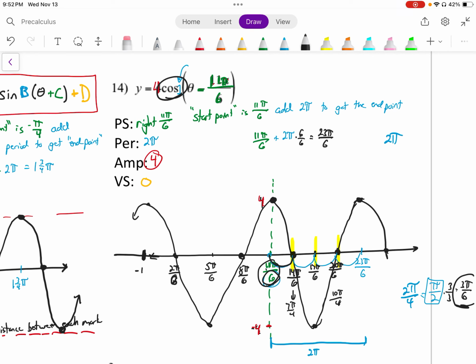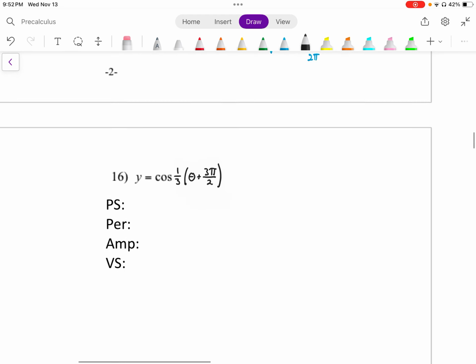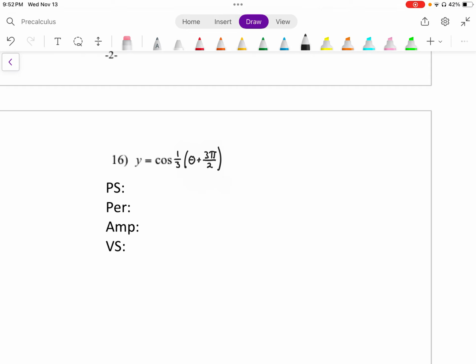Negative 1 pi over 6. Well, there's negative 1 and 2, so what's between there? The y-axis. So the y-axis is here. Pretty great stuff. All right.